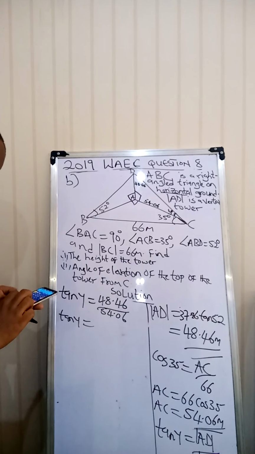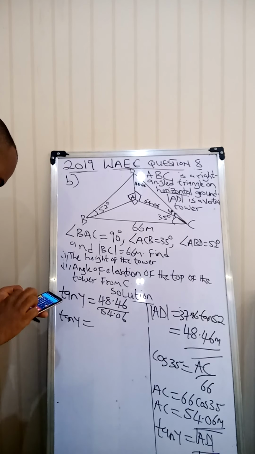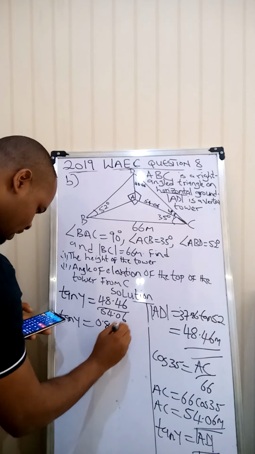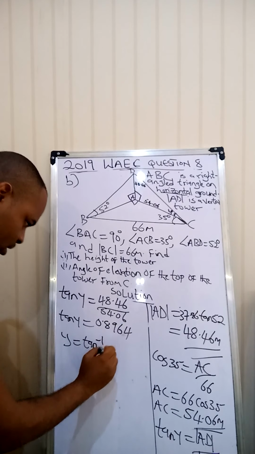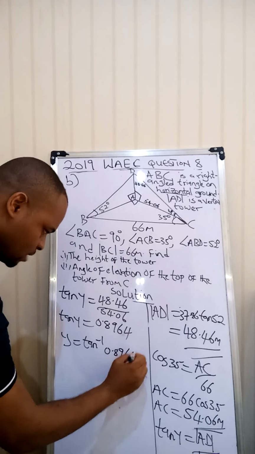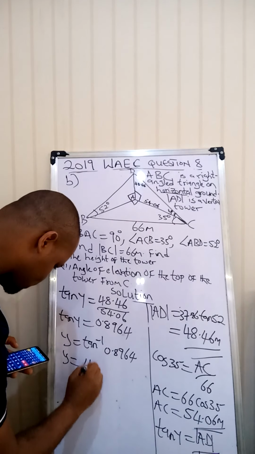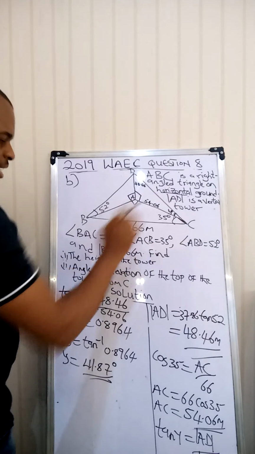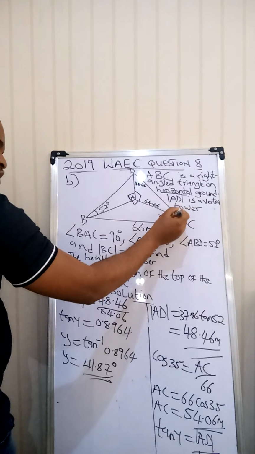So I'll be having tan Y equal to, divide these values for me, 48.46 divided by 54.06. That gave me 0.8964. So I'll be having Y equal to tan inverse of 0.8964. I'm having it as 41.87 degrees. All right, we've gotten the value of Y. The question says the angle of elevation of the top of the tower from C. The angle of elevation is this full angle.